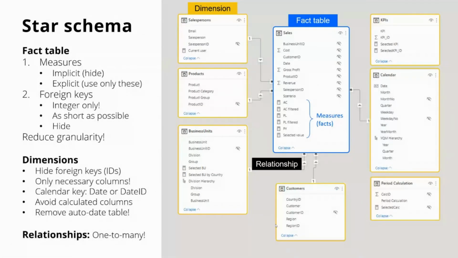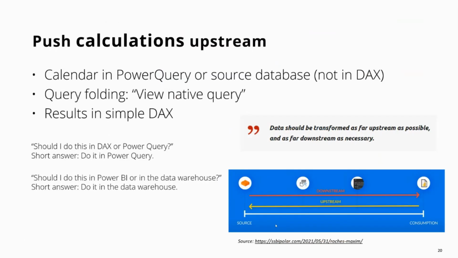Now, the next thing that is really important that we want to do is push calculations upstream. And this is an excerpt from Matthew Roche's maxim of data transformation. Those of you who don't know who Matthew Roche is, he's a member of Microsoft's CAT team, and he's been in data longer than I think even longer than I've been on this planet.